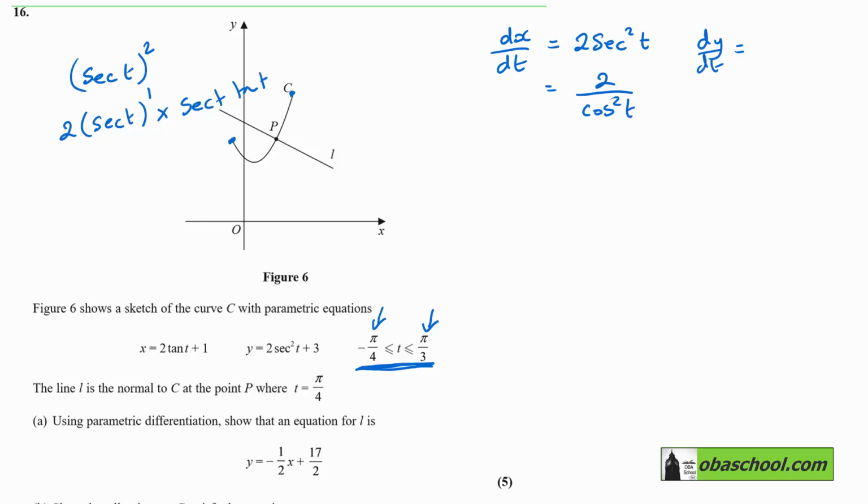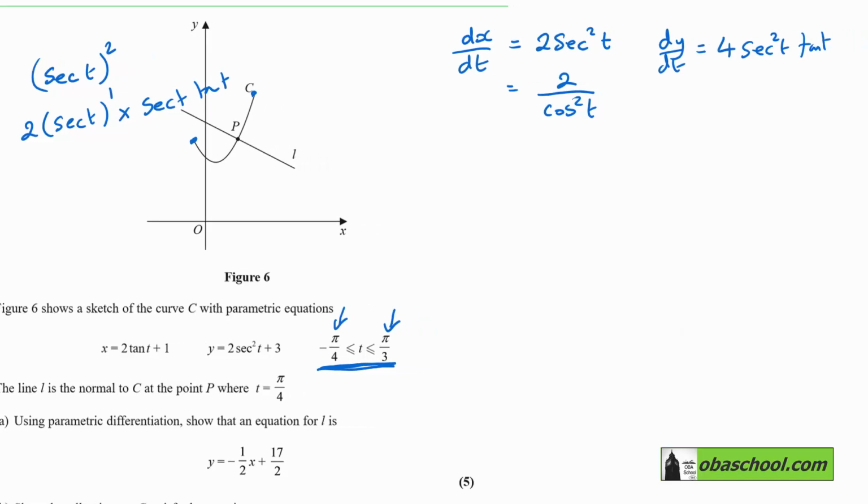So this ends up being 4 sec squared t tan t. Now let's think about what sec and tan are. So that is going to be 4 over cos squared t, and tan is sine t over cos t. So that is 4 sine t over cos cubed t.